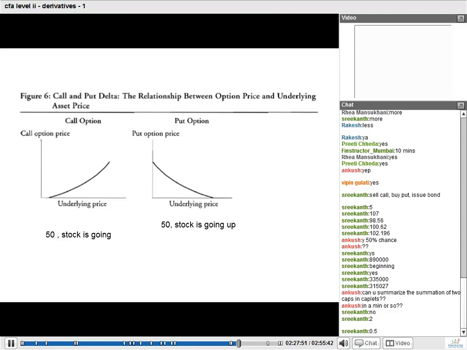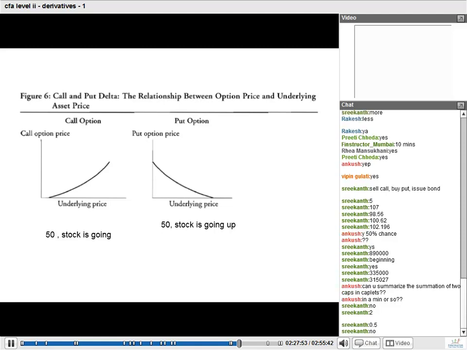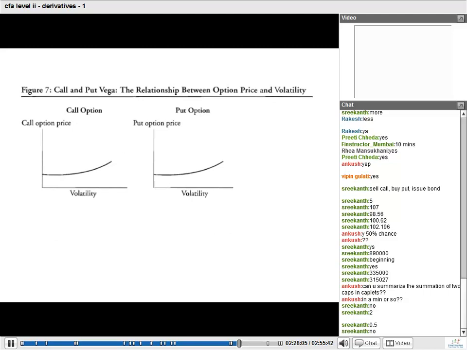No. Why will you sell at 50? You will sell it at the market price. So as the stock goes up, the value of a put option declines. This relationship is captured by a Greek, a value called delta, that we'll study in the coming slides.